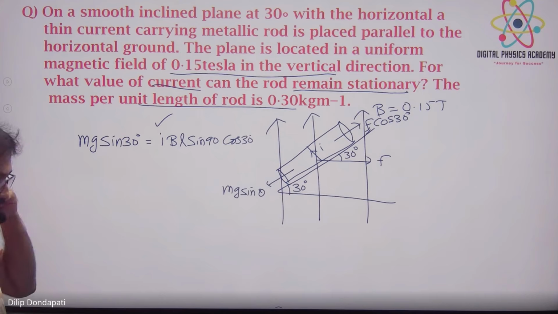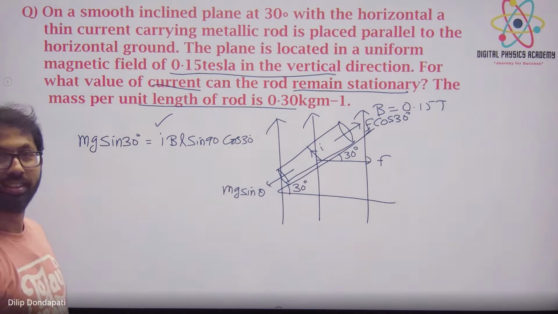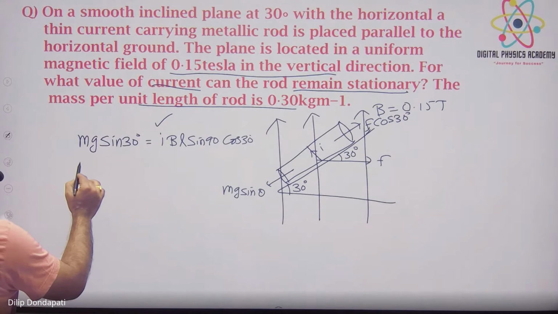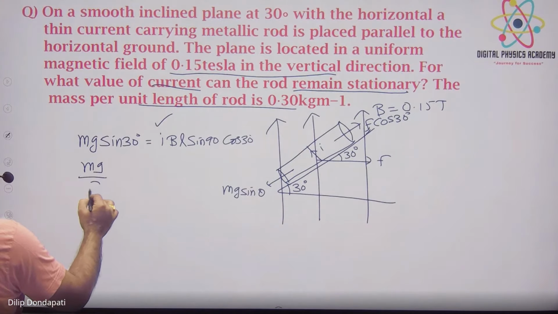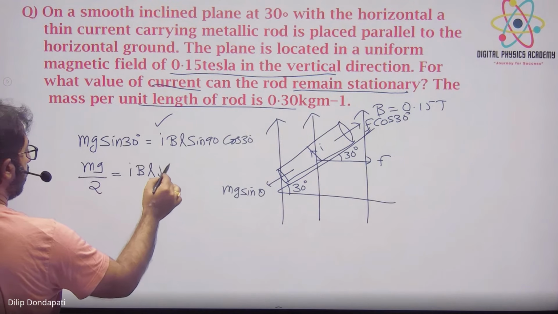2 by root 3. Yes. Do it and then say, don't just check the answer. mg by 2 is equal to IBL cos 30, which is root 3 by 2.